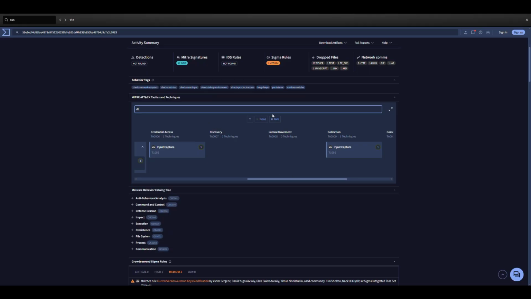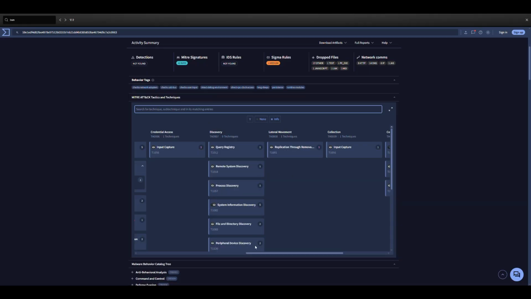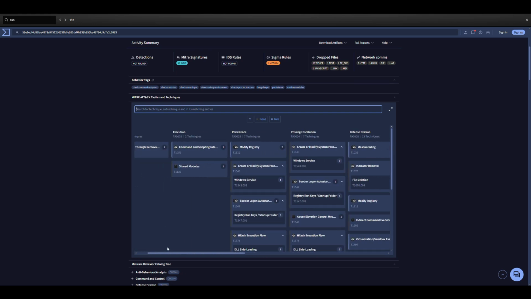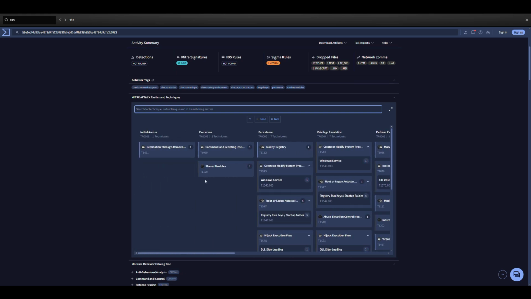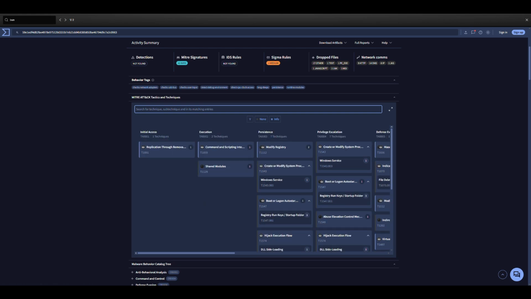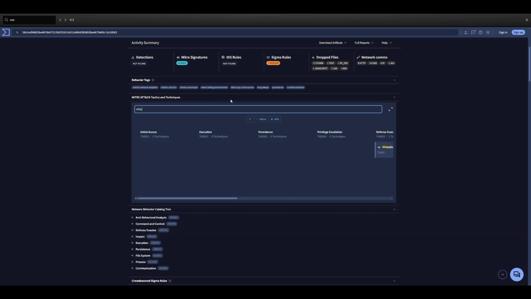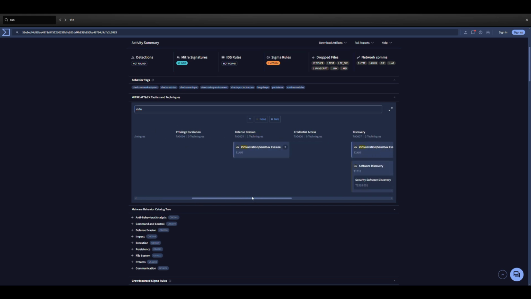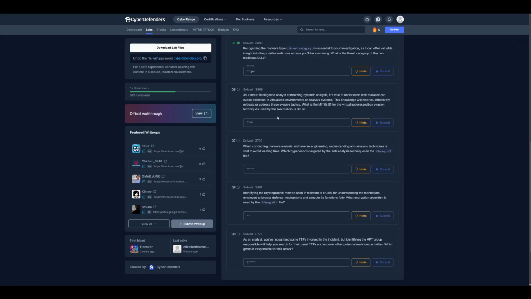Analyzing C2 infrastructure and network behaviors. Moving to the network layer, we analyze the command and control communications. The malware beacons out to external domains to receive instructions.